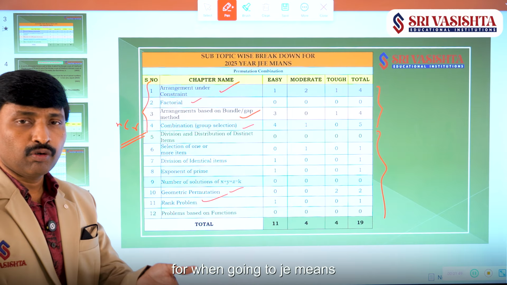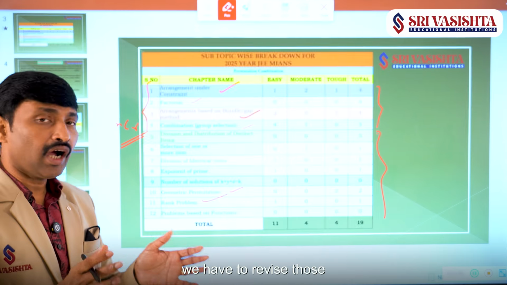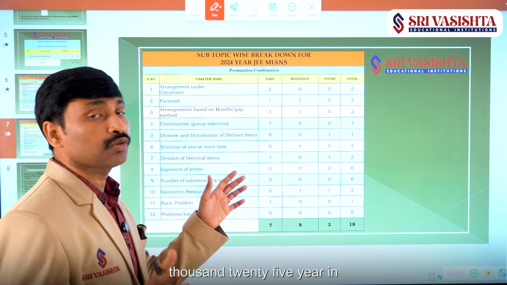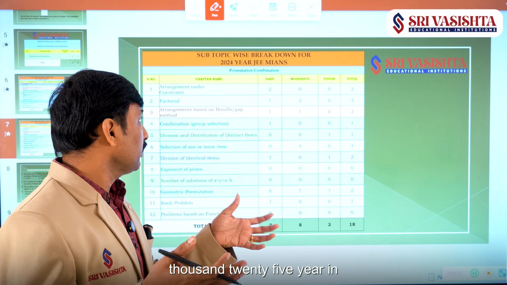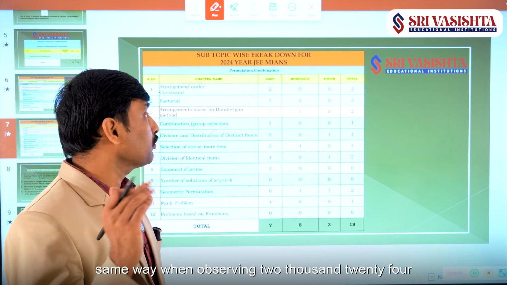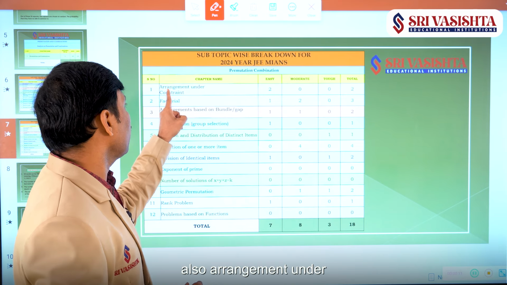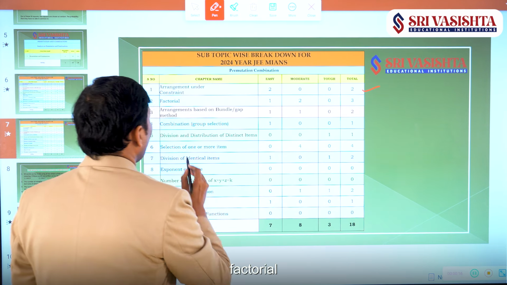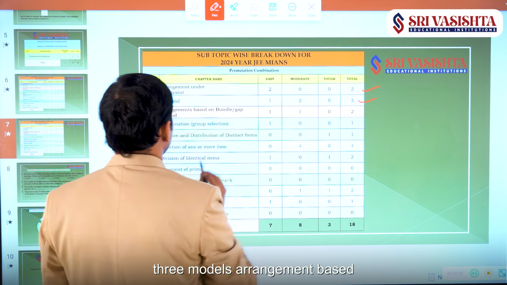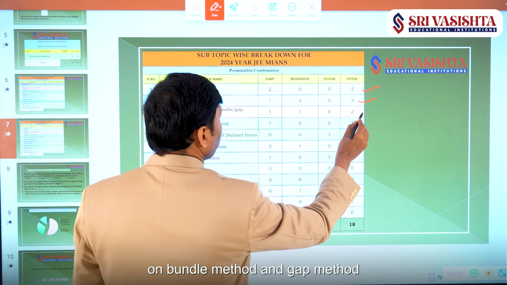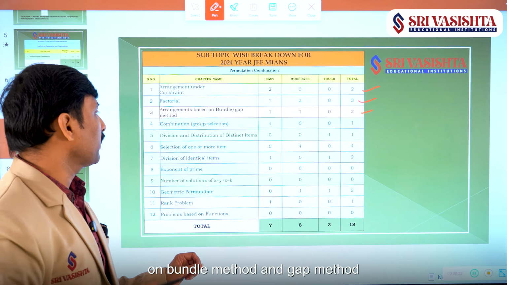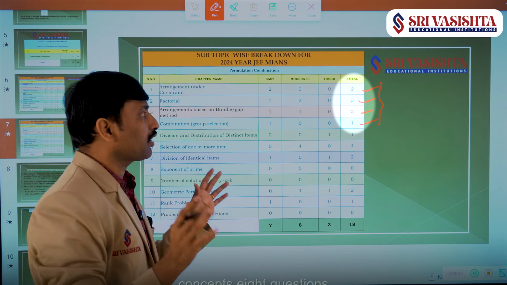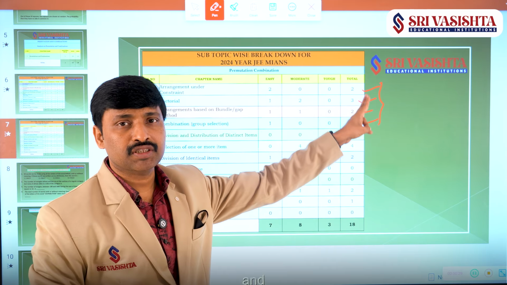So when going for JEE Mains, we have to revise those topics. We discussed the 2025 year. In the same way, observing 2024, in arrangement under constraints they got 2 questions, factorial 3 models, arrangement based on bundle method and gap method, and combinations. In these 4 concepts, 8 questions.